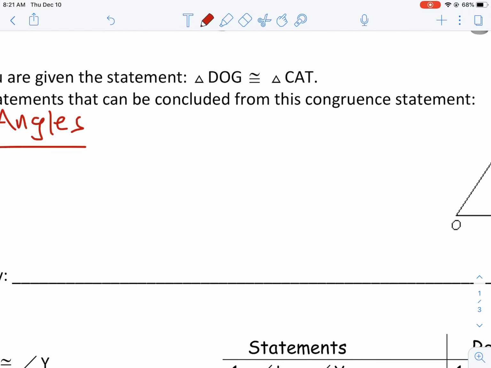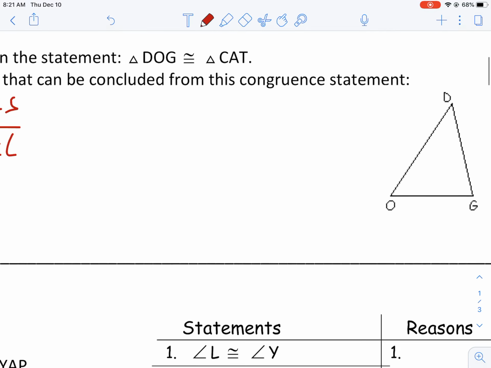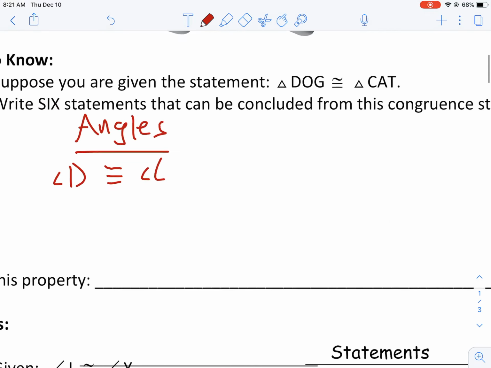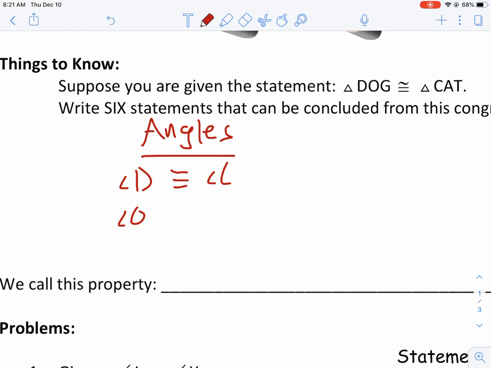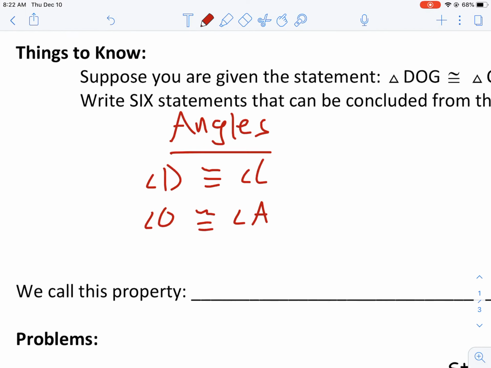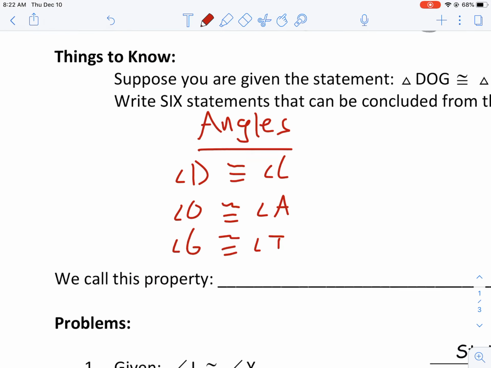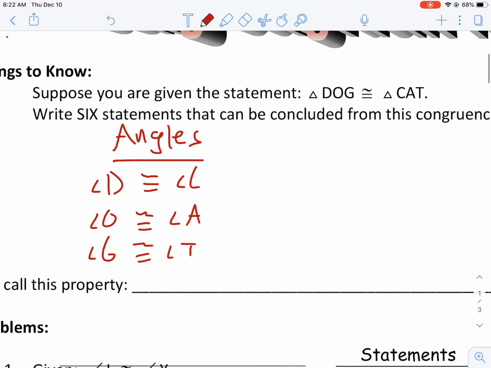So DOG is congruent to CAT, which means that angle D is congruent to angle C. That also means angle O is congruent to angle A. And finally, it means that angle G is congruent to angle T. Those are all things that we know.